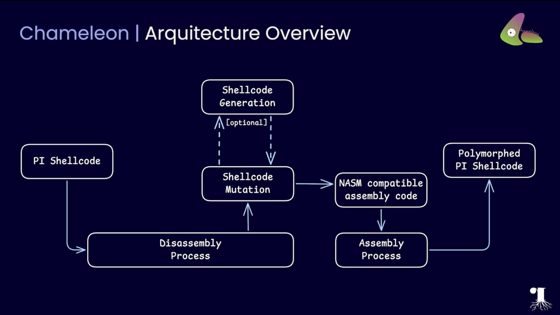And then from it we generate valid assembly code that we later assemble and get another version of the position-independent shellcode, which still works as intended, but is completely different from the first one.